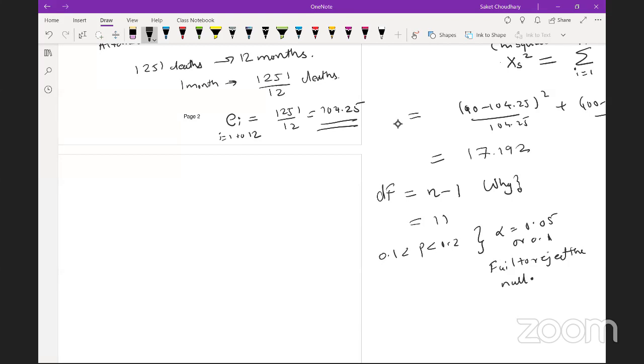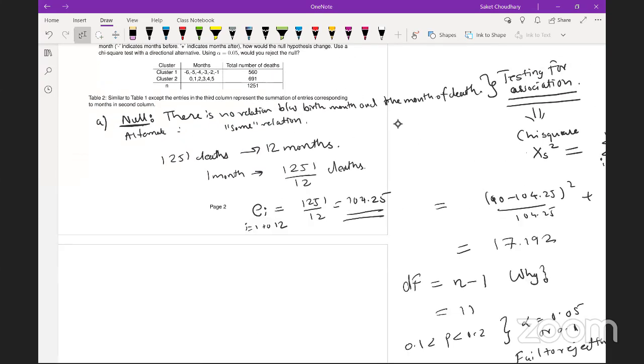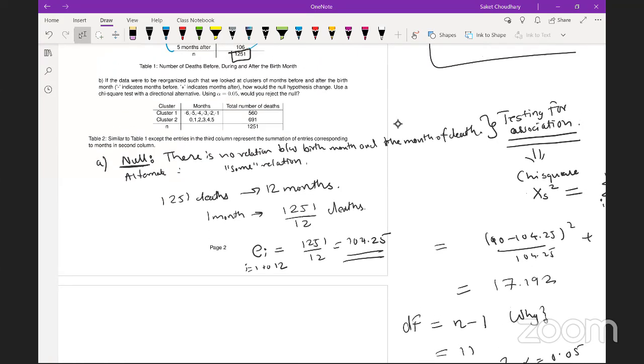What that means is that we fail to find any association; there is not enough evidence for us to reject the null, which means we do not find enough evidence to claim that there is possibly an association between the birth month and the death month.